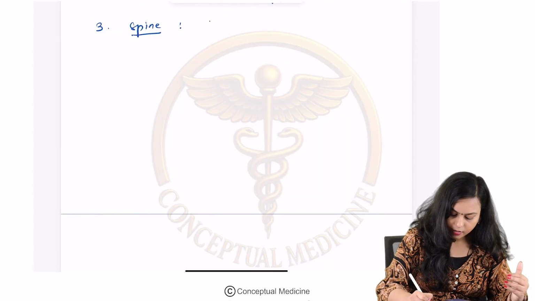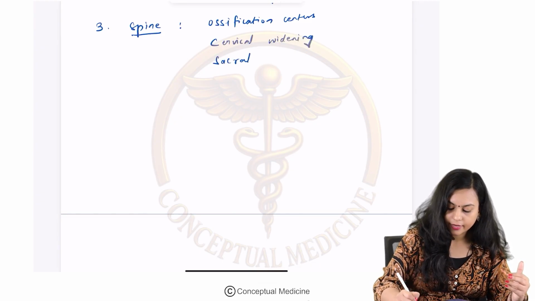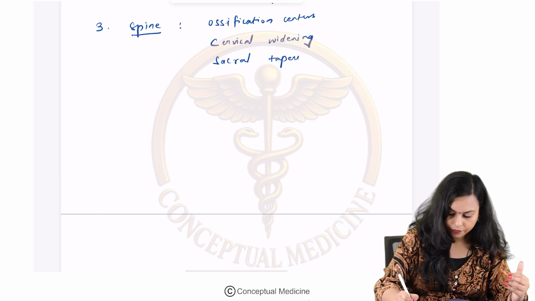And then we'll be coming to the spine. In the spine, we'll be checking for the ossification centers, if there is a cervical widening seen or not, and then sometimes for the sacral tapering.